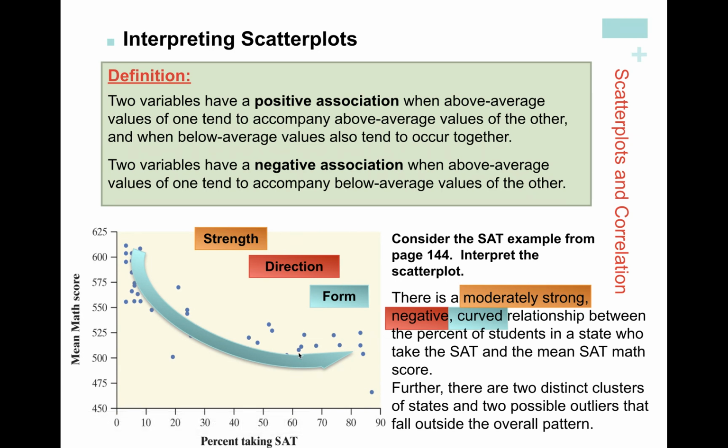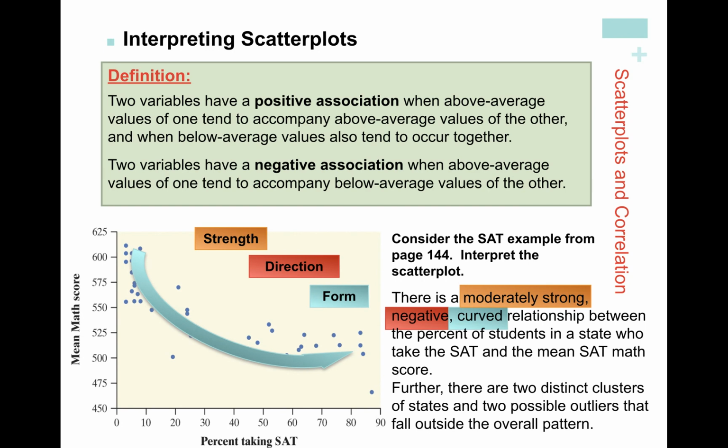And then there's another distinct cluster over here with a very high percent taking the SAT and very low mean math scores. So if there are clusters like this, you always have to mention that when you're interpreting a scatter plot. In the previous example, there were no clusters.